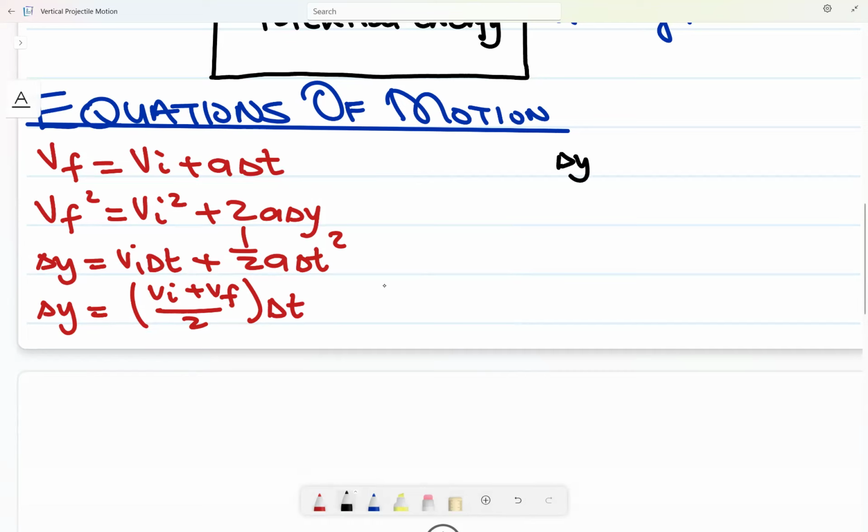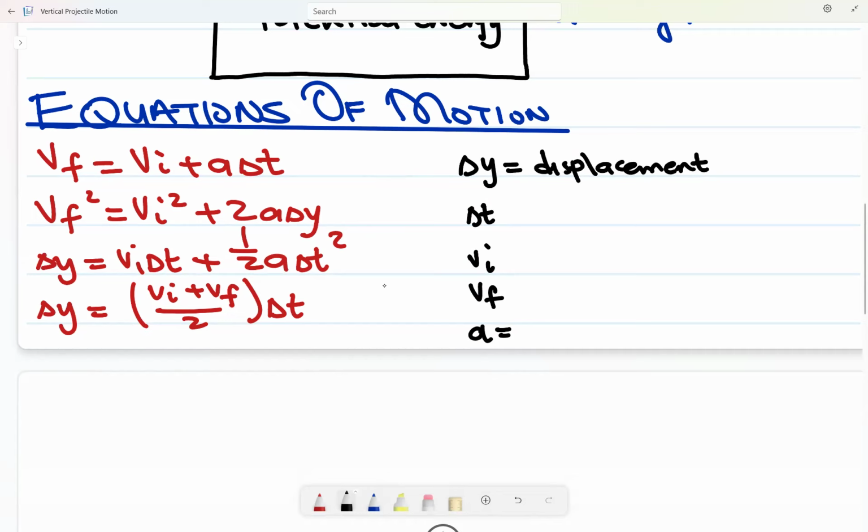We have change in y, change in t, vi, vf, and a. Change in y is what we refer to as displacement, measured in meters. This one is time, measured in seconds.